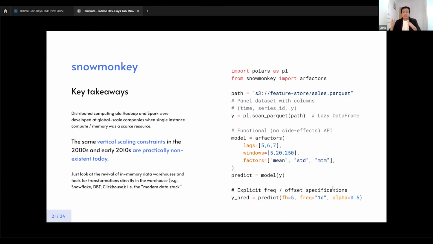So really, what are the key takeaways from this talk, right? The first one is distributed computing, a la Hadoop and Spark.